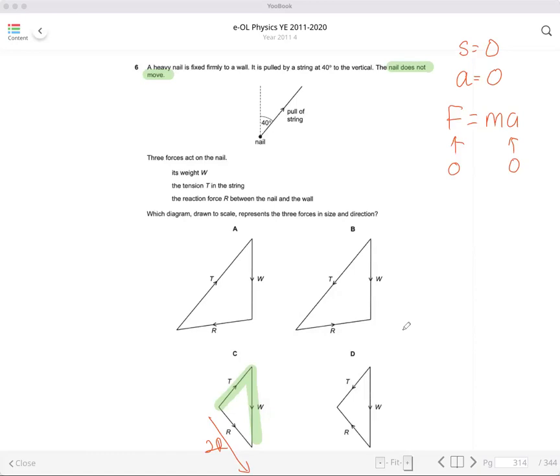If you are not sure, just tell me not sure. Bei Kwan says D. Okay, Bei Kwan, the same thing. Can you see this? W and R will give you the same as T, so 2T will give you a resultant force of 2T. If there is a resultant force, there will be acceleration, but the speed should be 0.